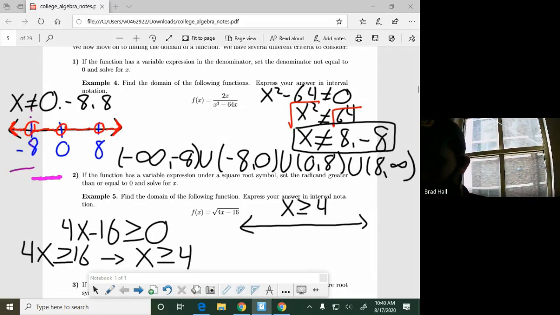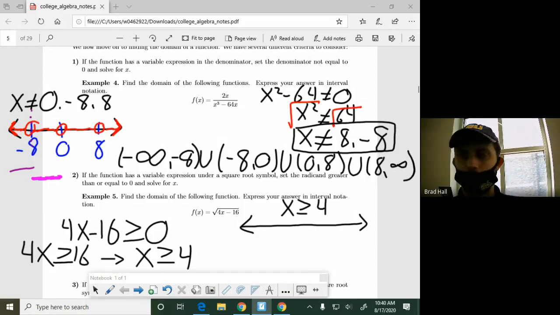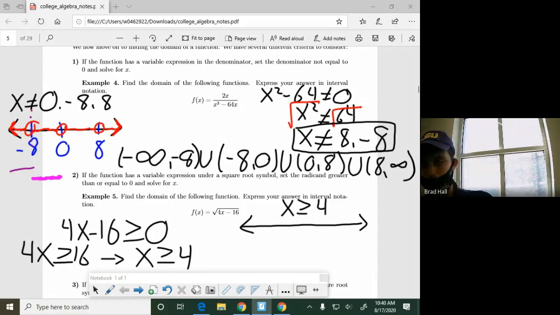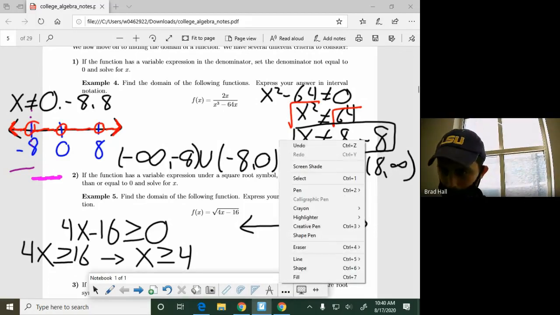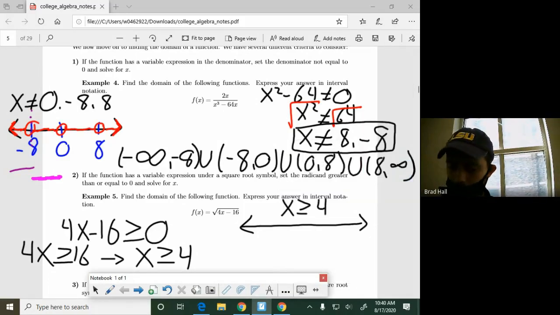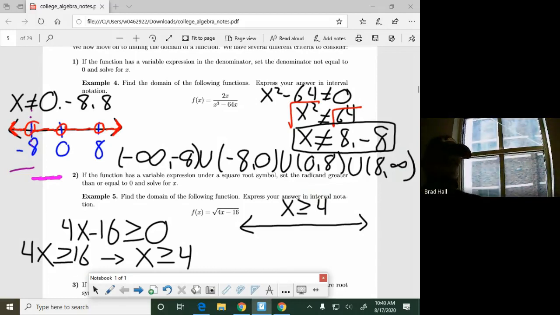I like using number lines as a way to convert. It's a nice illustrative manner. If you don't need the number line and you just see it straight away, then go for it. But I'll do what I did last time. In blue, I'll jot down all the important numbers. I see a 4.